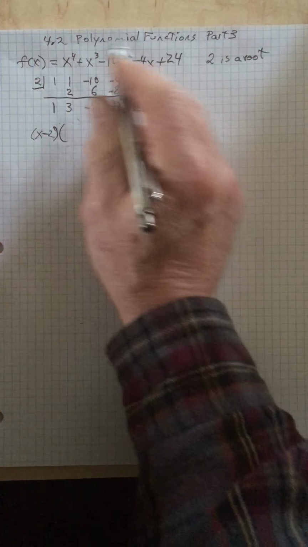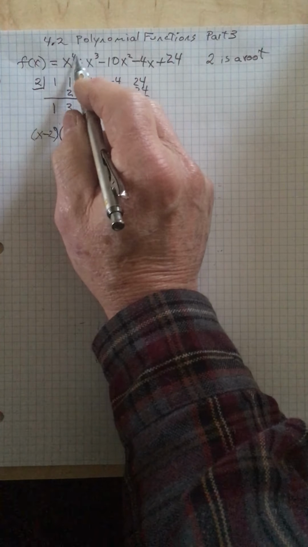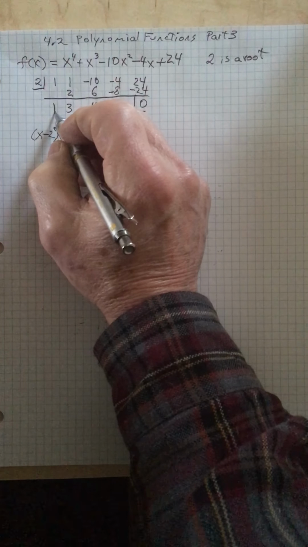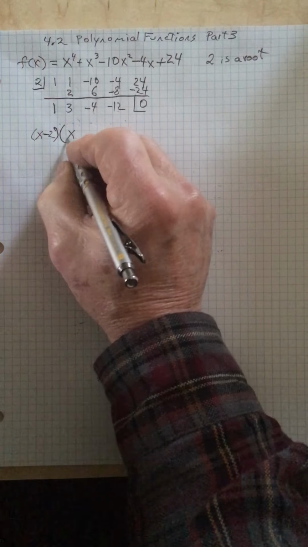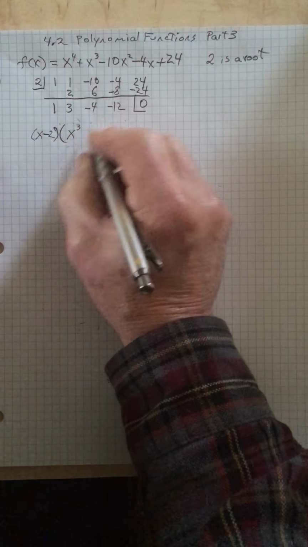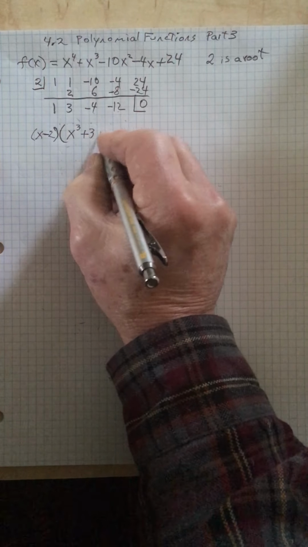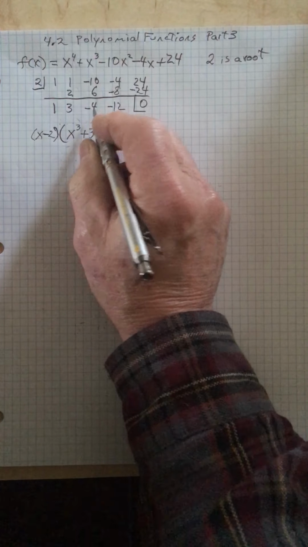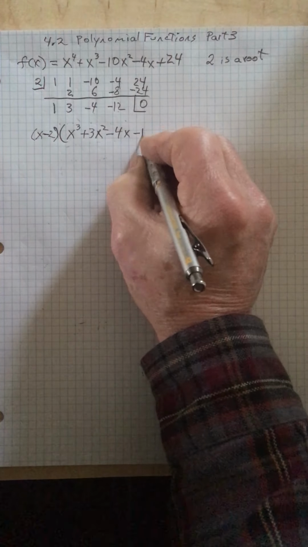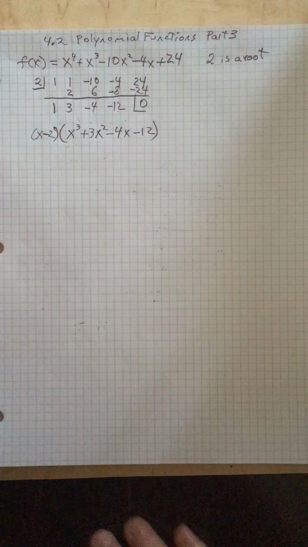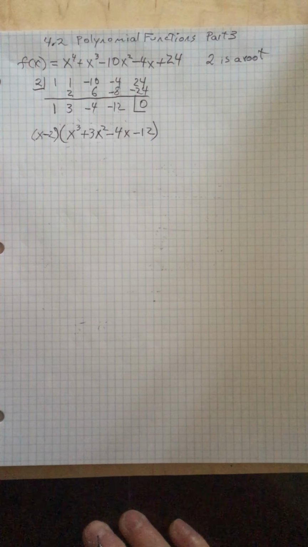Again, we reduce the degree by 1, so that's our x cubed now. So 1x cubed, 3x squared, minus 4x, minus 12. So synthetic division got us to there.